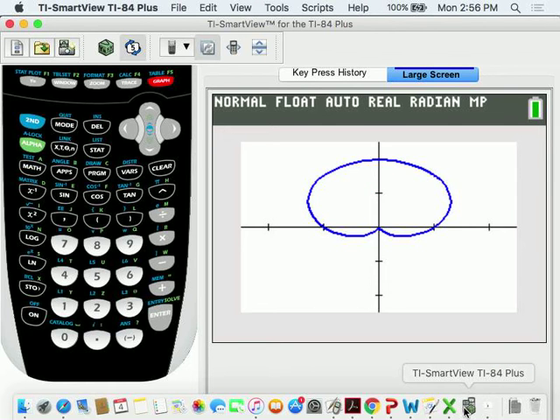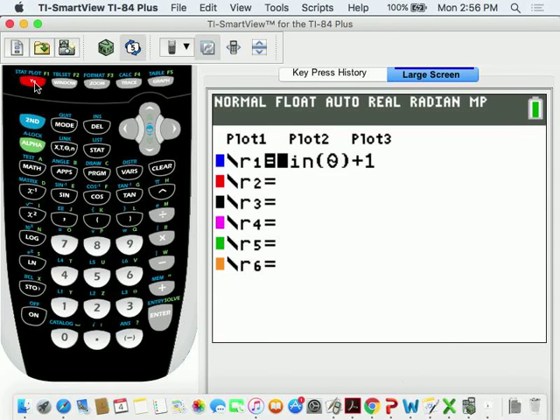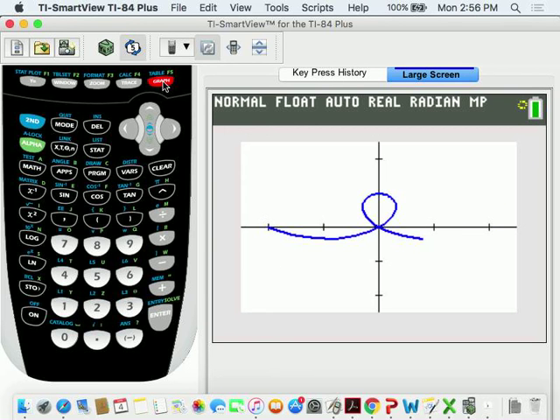3 sine theta minus 2. Make sure you close off the parenthesis on the theta. What type of symmetry should it have? Vertical. Can't see my full picture, can I?